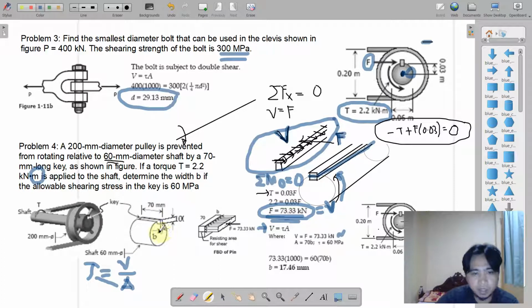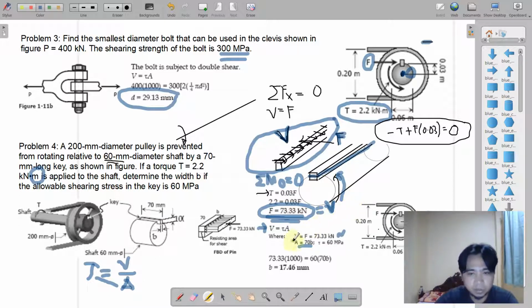B here is the width, denoted by B. Okay, that is why 70 times B. So note here that in the area, we have already expressed the area in terms of millimeter units. So therefore, bear in mind that if we have millimeter, we should have a Newton unit for the force.